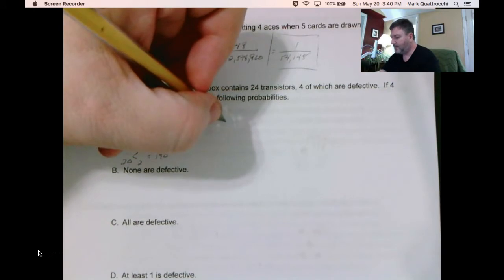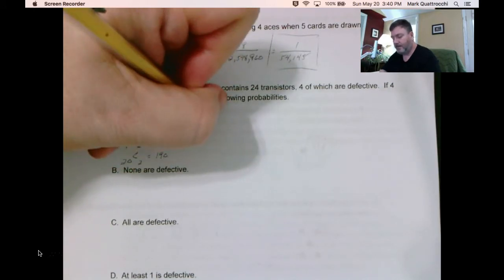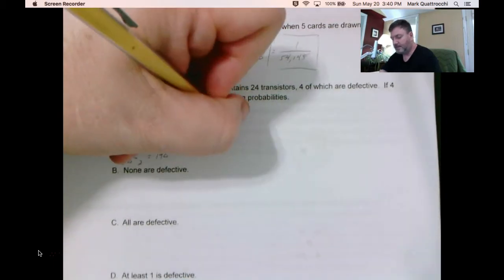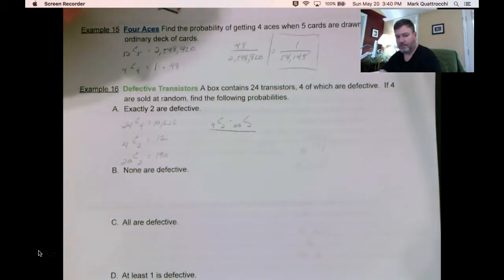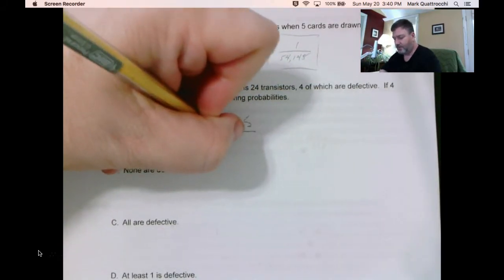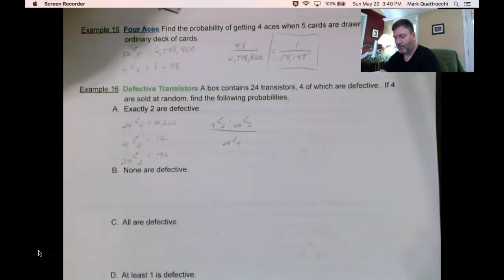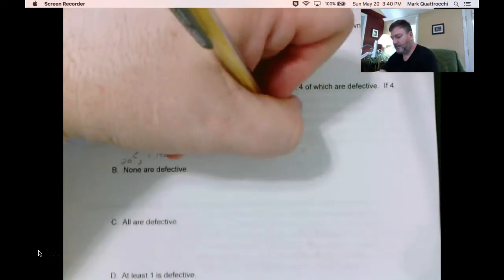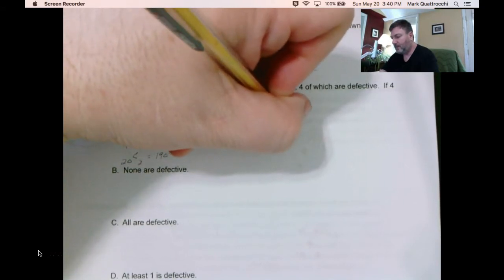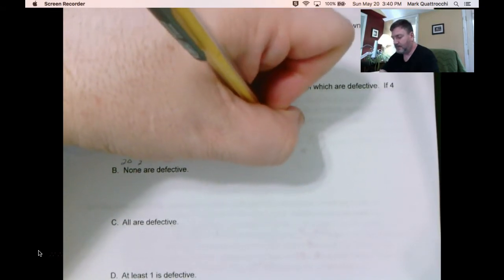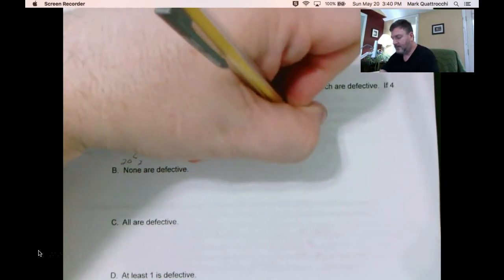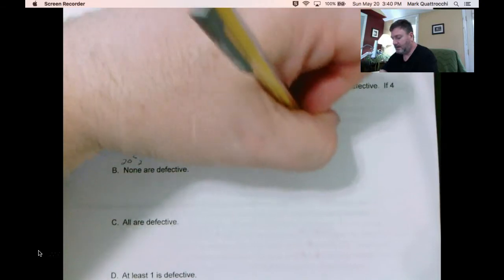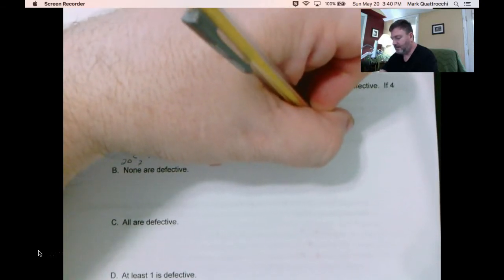So we now have, for our probability, 4 choose 2 times 20 choose 2 over the total possible, 24 choose 4, is 1140 over 10,626, or 190 out of 1771.